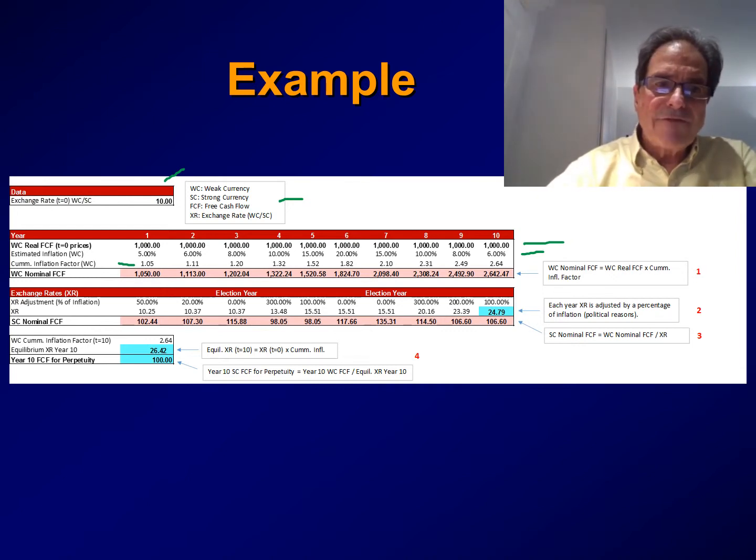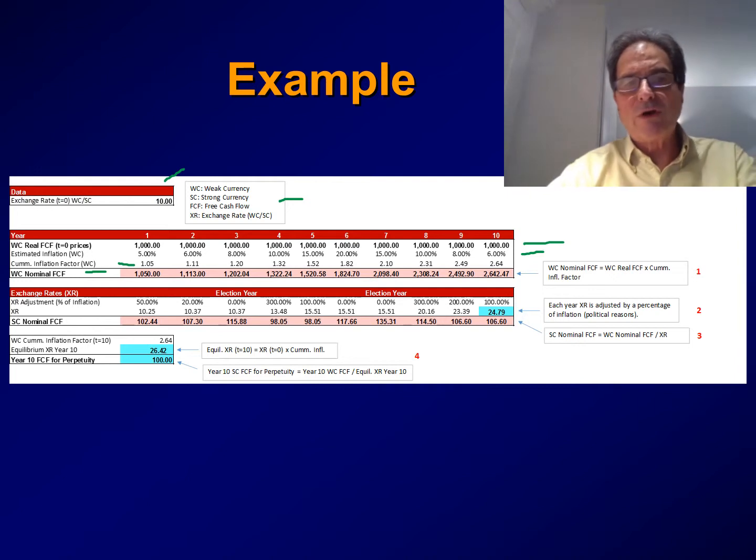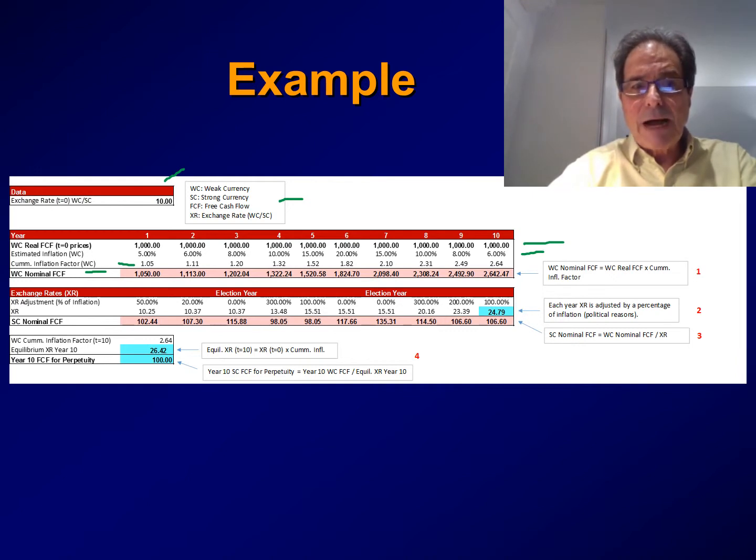Okay, once we have the cumulative inflation factor, we are ready to calculate the nominal free cash flow in weak currency. It is simply the product of the real free cash flow by the cumulative inflation factor. For instance, in year 1, the weak currency nominal free cash flow will be 1,050, which is just the product of 1,000 by 1.05, which is the cumulative inflation factor.